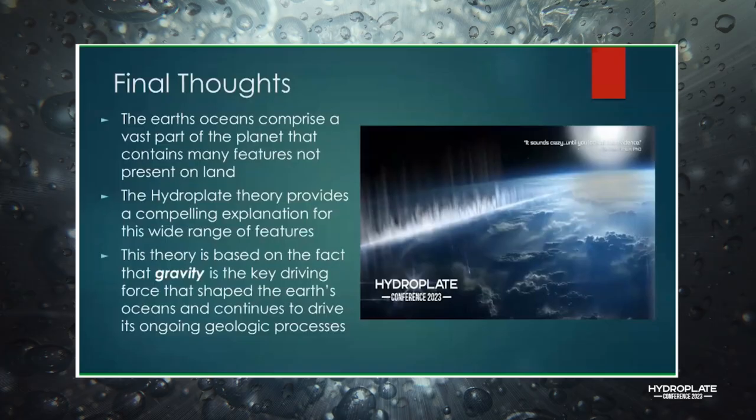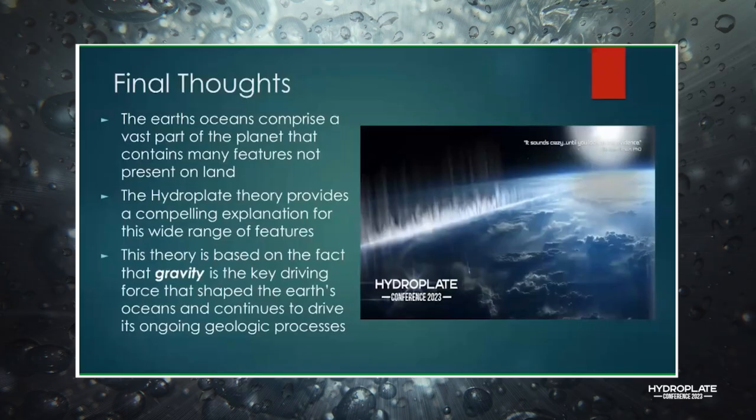And that really reinforces this idea that basalt rose up from the molten earth inside the earth and paved the ocean floors. So the hydroplate theory provides a compelling explanation for this wide range of features. One thing I want to leave you with is that it's based on this idea of gravity, something that really struck me: as this catastrophic rupture occurred, gravity is the force that drove the whole earth to settle and realign.